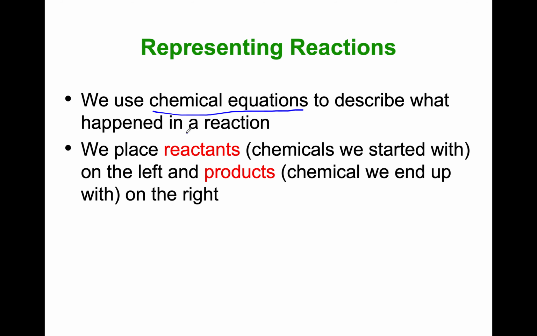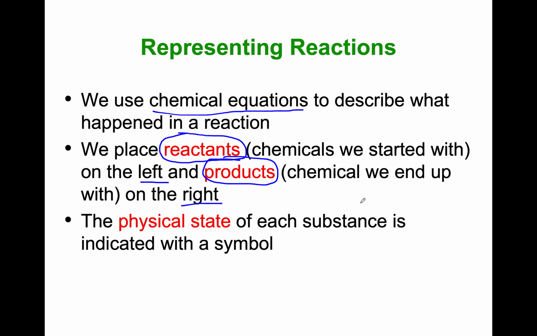How can we simplify this to what are the reactants, what you started with, what are the products, what you end with, okay? So products are on the right, reactants are on the left. This is going to simplify these long descriptions of chemical reactions. We're going to see there's going to be a lot of information in these chemical equations.